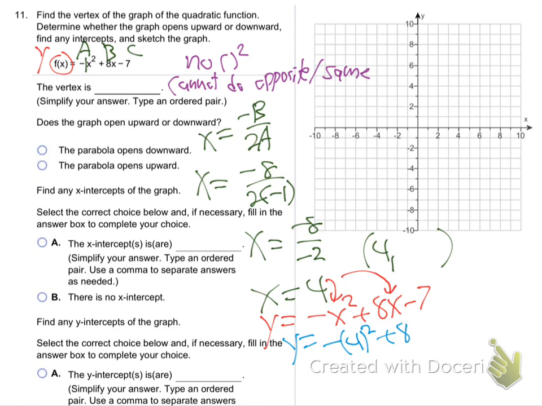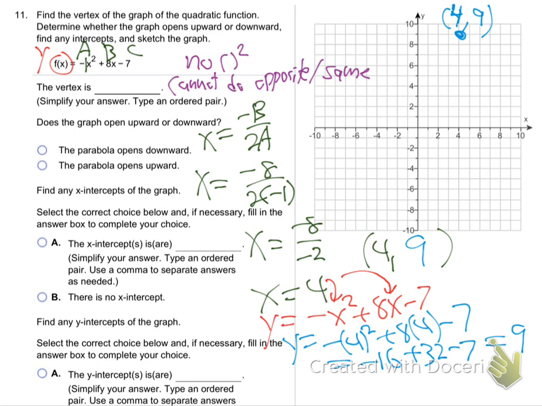Now remember, when you plug it in, put parentheses around it. And you get minus 16 plus 32 minus 7. Is it 9? So y is 9. So it's 4, 9. Over 4, up 9. There's the center of the U shape.